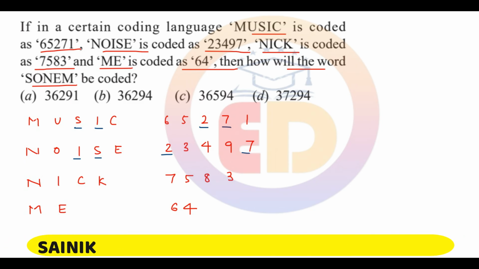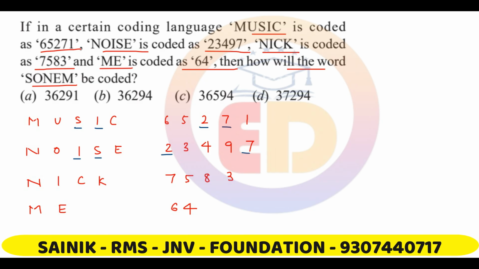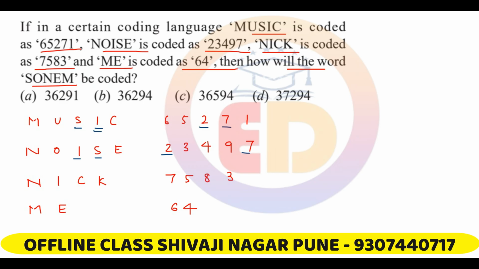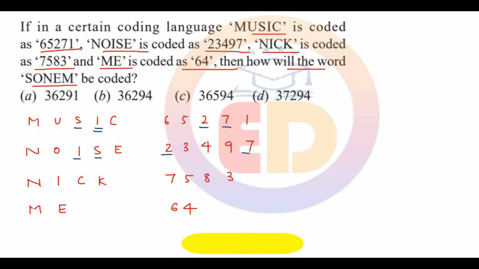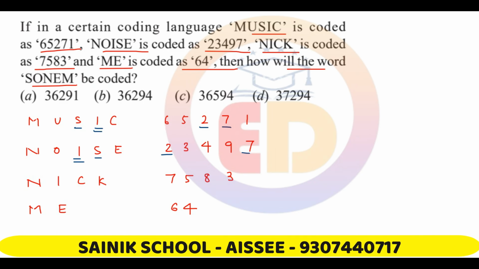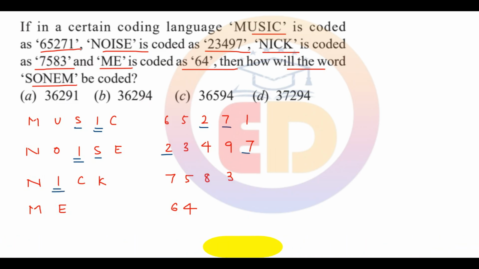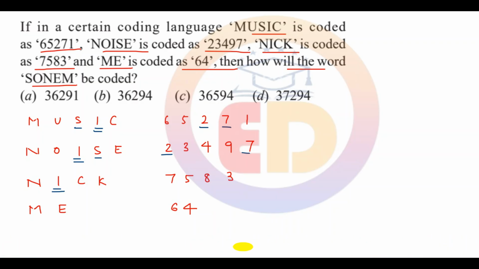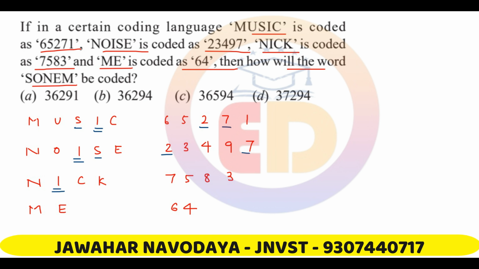Let us again compare 1, 2 and 3. You see the first word music, I is common. Second word I is common. Third word also I is common. So in the first, second and third word the code of I is common, so that number should also be common.